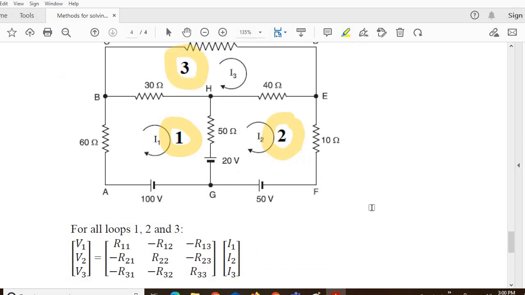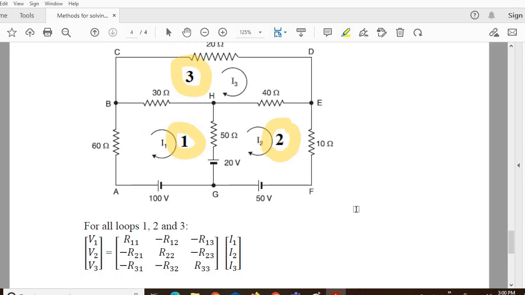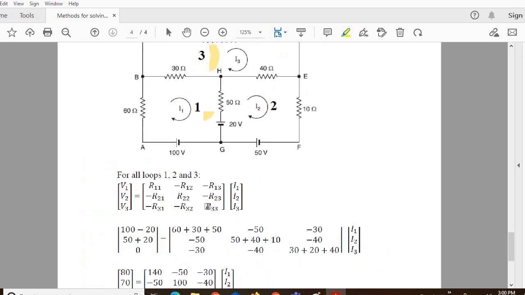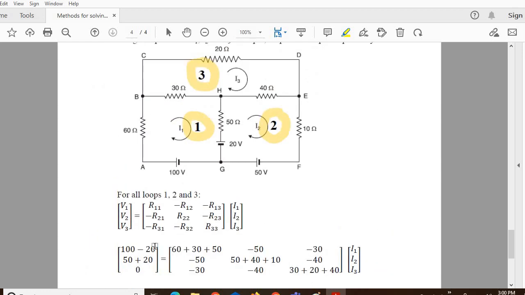Now there is no need every time to write the separate equations. First, depending on the independent loops 1, 2 and 3, I will reframe the generalized equation, that is V1, V2, V3, with the resistance matrix and the current matrix that remains unknown.